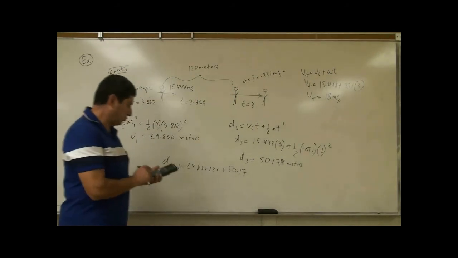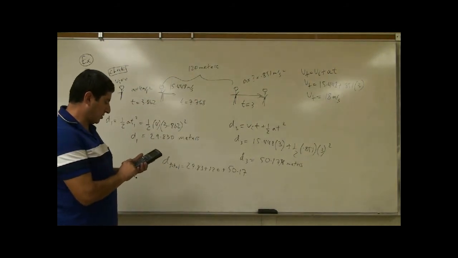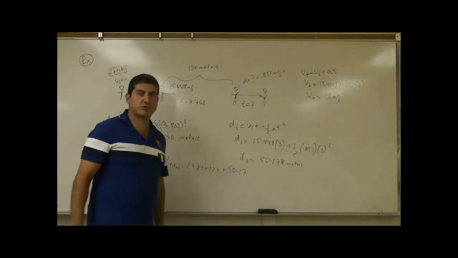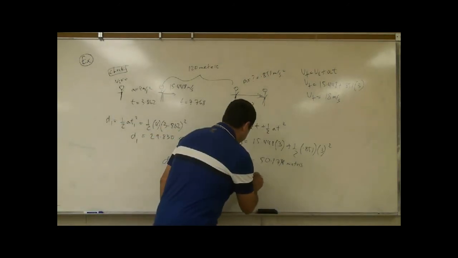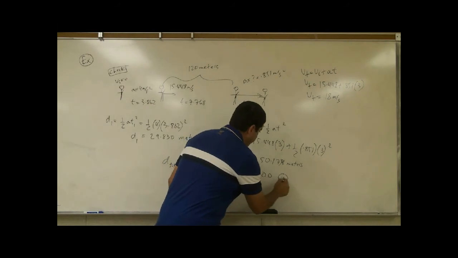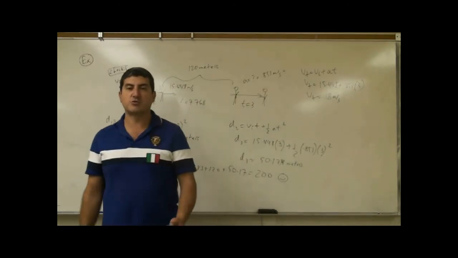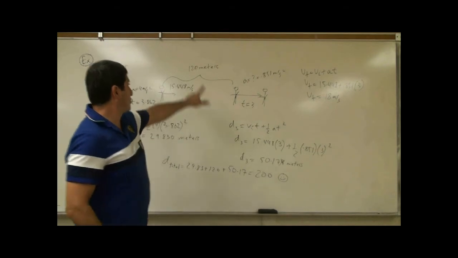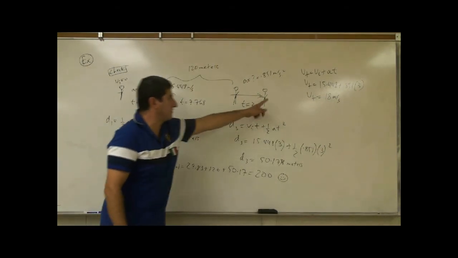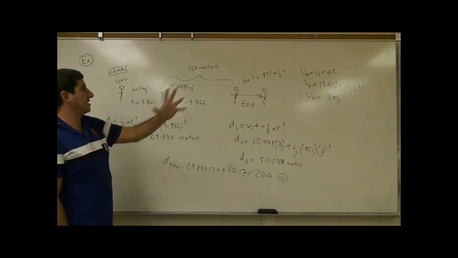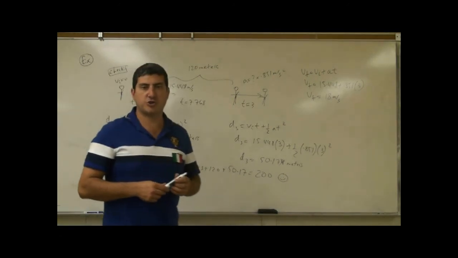So when you add them, you're going to get 29.83 plus 120 plus 50.17. The sum of all three, 200 meters. Then you put a happy face. The whole problem works out, right? So now we know the 120 works out, the 200 works out, the final velocity works out, and then everything works out. So that's the way to check this answer.